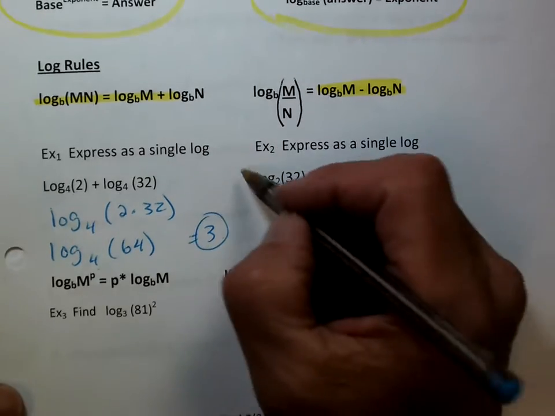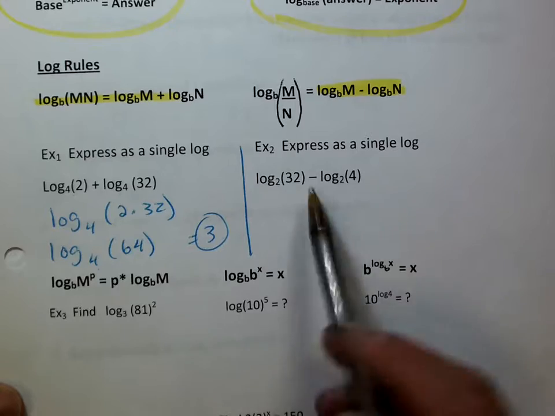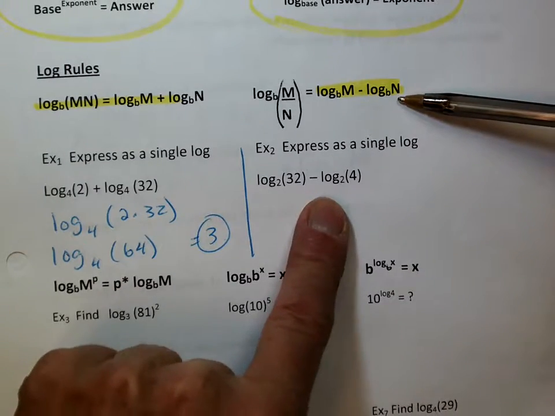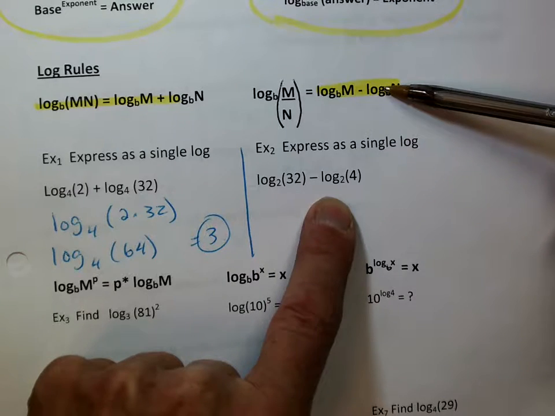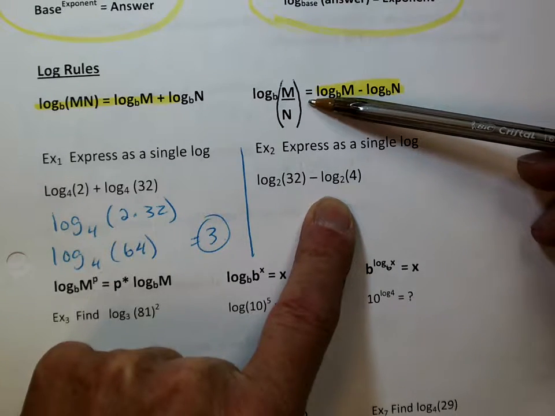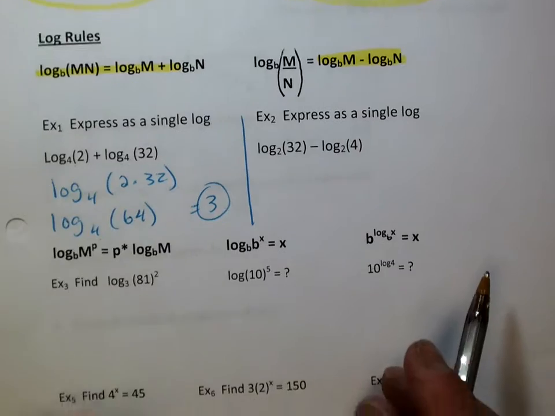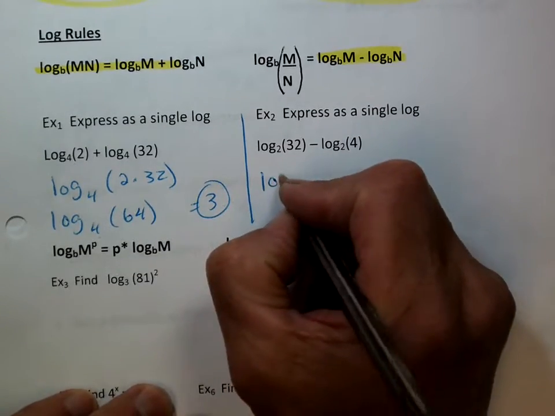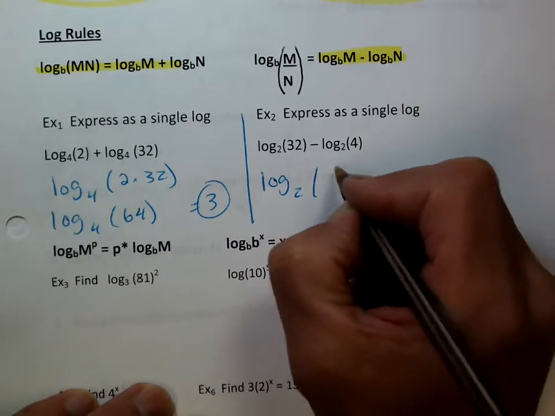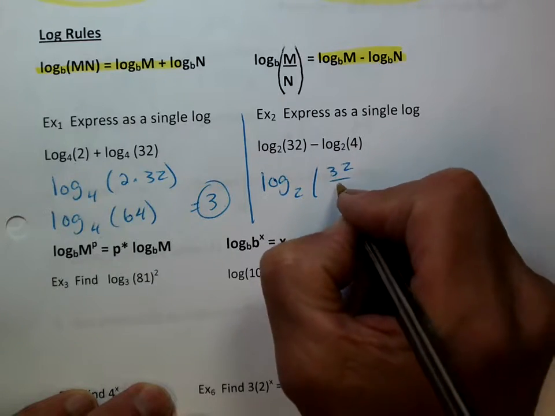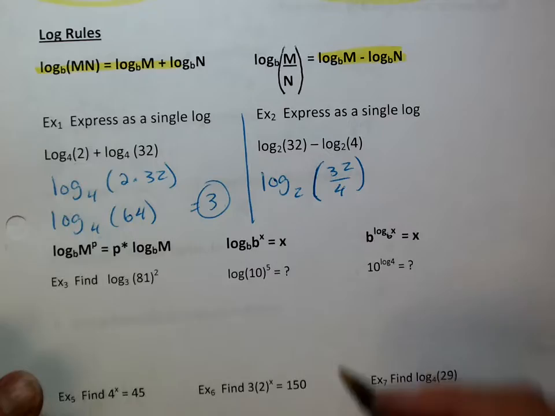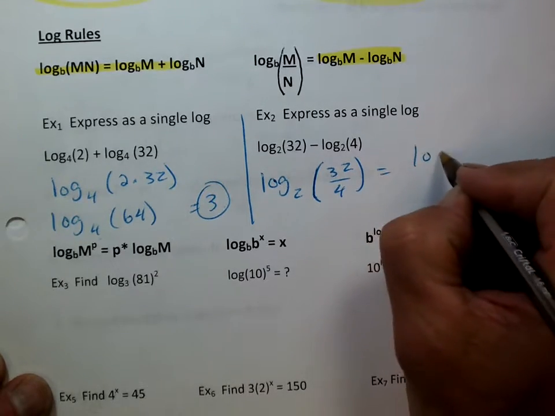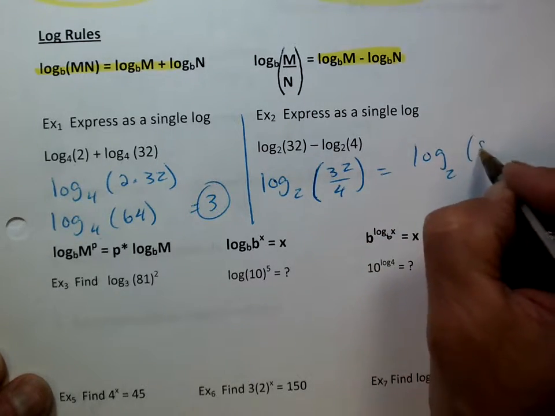Okay, let's look at example 2. In example 2, I'm going to apply this rule, but I'm going to go backwards. I have a log of the same base, subtracting, so I can combine it as a single log. I'm going to rewrite this as log base 2 of 32 over 4, which is log base 2 of 8.